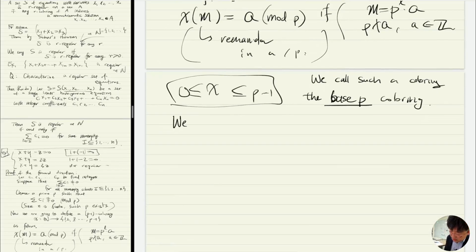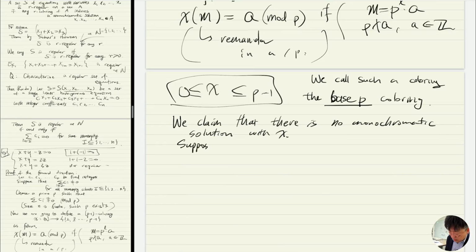Now, we claim that there is no monochromatic solution with chi.